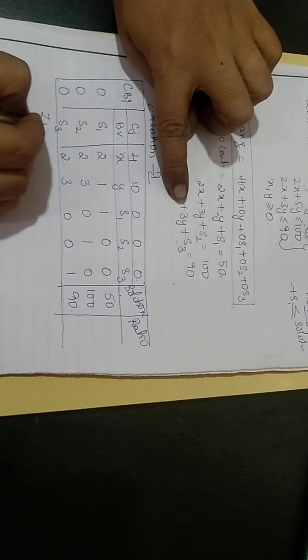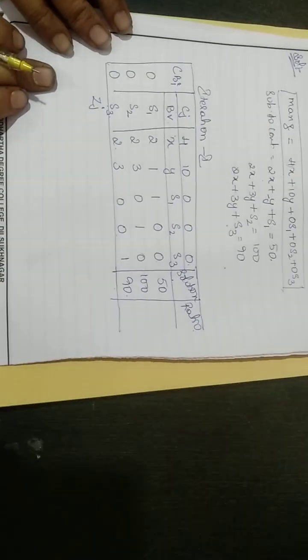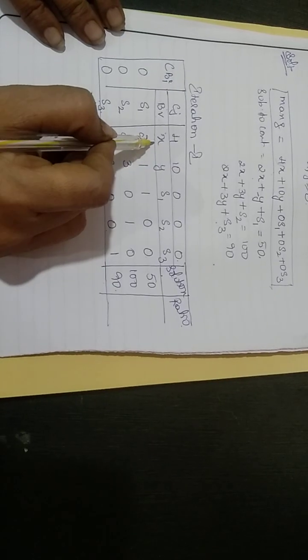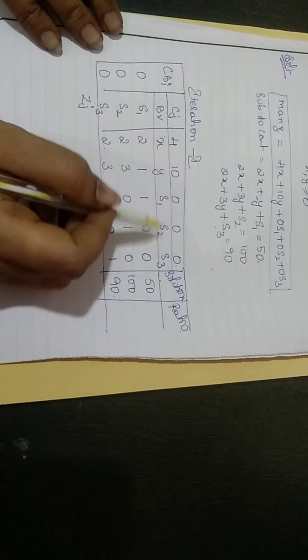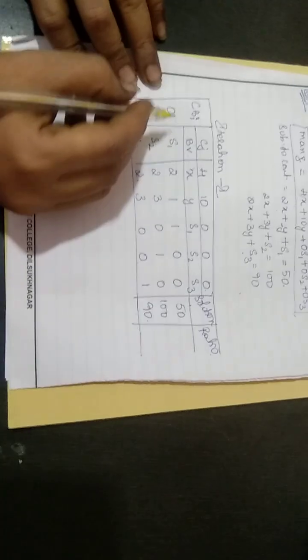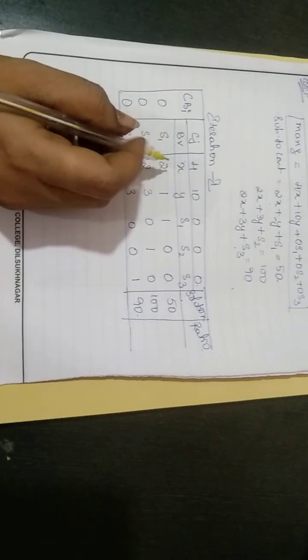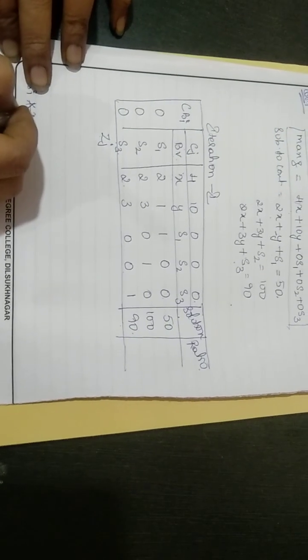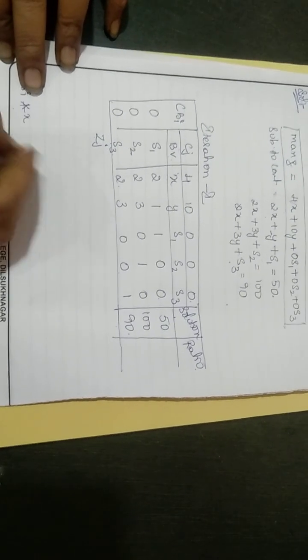Now the next value I'm going to find out is Zj. So how I'm going to find the Zj is, I'm going to find new values of x, y, S1, S2 and S3. I'm going to multiply the CBi values with the x1 values, with all the x values, and get the solution.